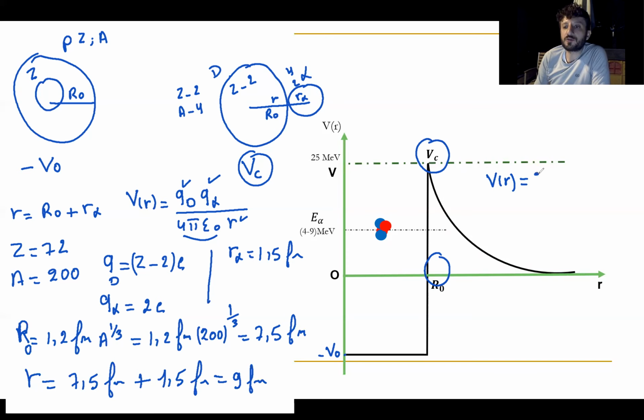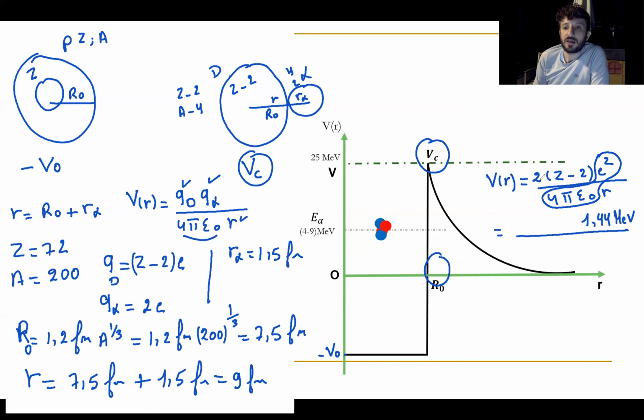We get 2 times Z minus 2 times E squared divided by 4 pi epsilon 0 R. You know the value of E squared divided by 4 pi epsilon 0 equals 1.44 mega electron volt. Z equals 72 minus 2, 70, times 2, 140.